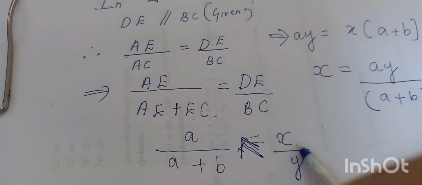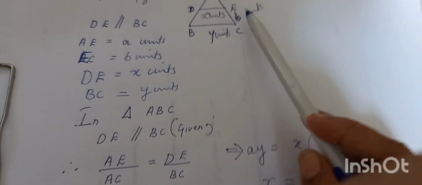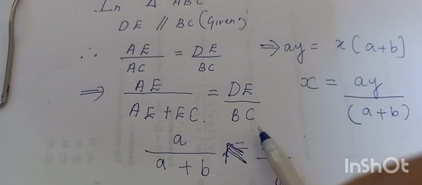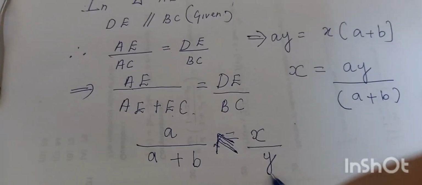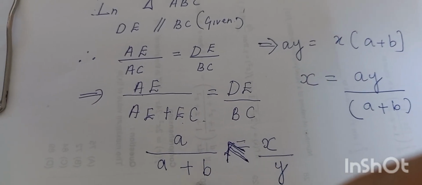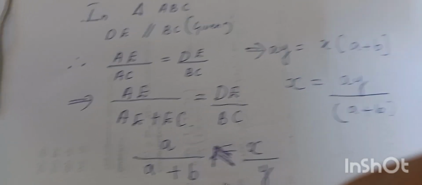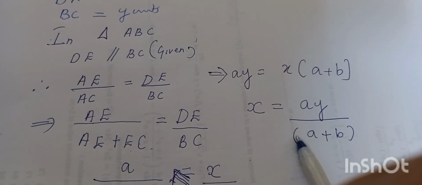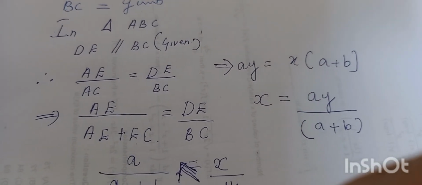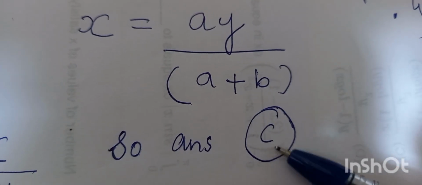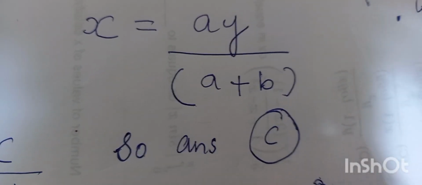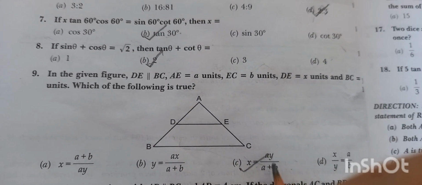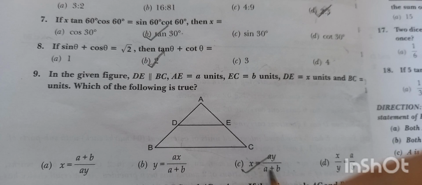So then DE is equal to X units and BC is equal to Y units. Then we have to find the value of X. Just cross multiply, we get AY is equal to X into A plus B. X equal to AY whole divided by A plus B. So answer is option C. So the option is X equal to AY by A plus B.